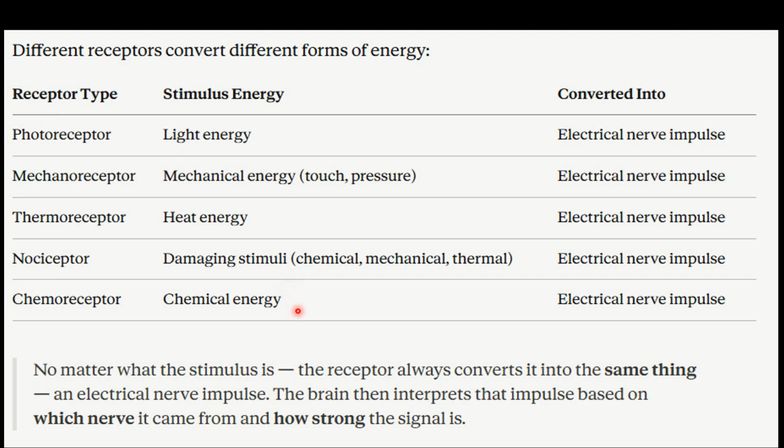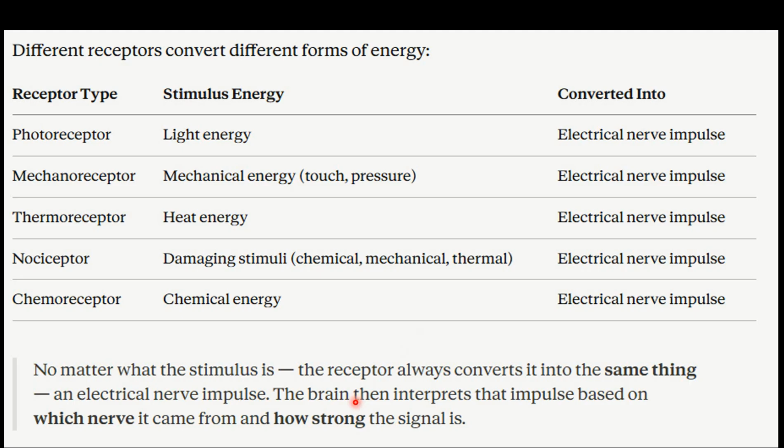Then we have chemoreceptors, which convert chemical energy into electrical nerve impulses. So no matter what the stimulus is, the receptor always converts it into the same thing, an electrical nerve impulse. At the end you get only an electrical nerve impulse as output.